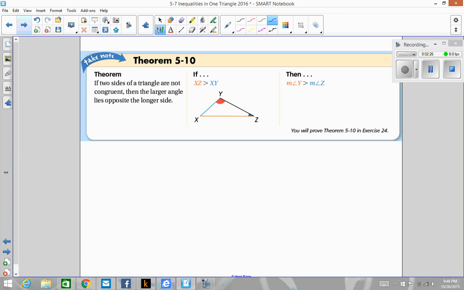Next, we have theorem 5-10, which says if two sides of a triangle are not congruent, then the larger angle lies opposite the longer side. So the larger angle is across the longer side.